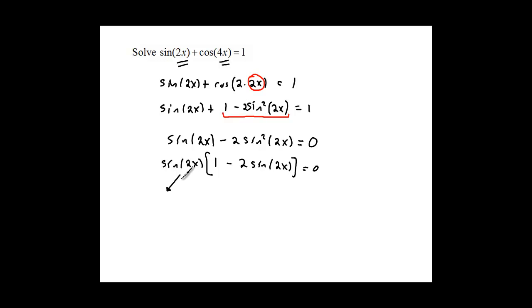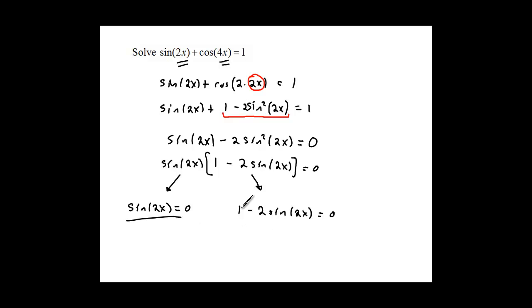If I set this first factor equal to 0, I'll get the sine of 2x is 0. And if I set this factor equal to 0, I'll get 1 minus 2 sine of 2x is equal to 0.